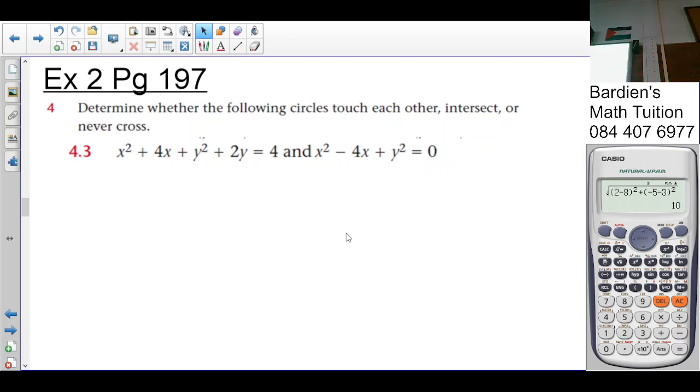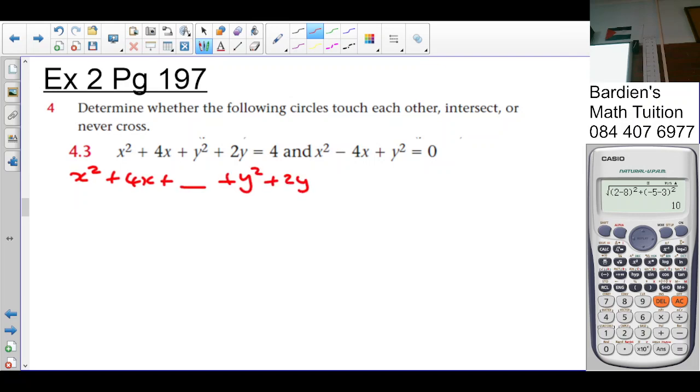So, first things first, we need to write this circle in the form (x minus a) squared plus (y minus b) squared equals r squared. We must do that for both. So we get x squared plus 4x plus a number plus y squared plus 2y plus a number equals 4 plus the first number plus the second number.